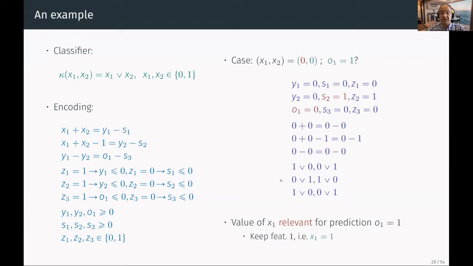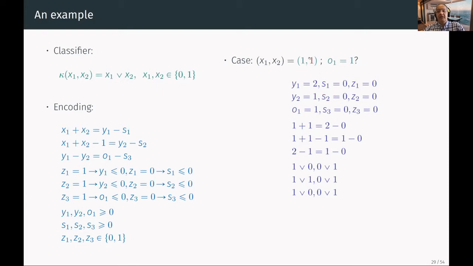And as you can see, if I call the reasoner, in this case the MLP reasoner or SMT reasoner, it's going to tell me that the output is 0. This also illustrates why I need a slack variable, because the summation is negative, and so I put the negative value in the slack variable. So this means I cannot get rid of feature 1. I need to keep it in my explanation. So x1 must be 1.